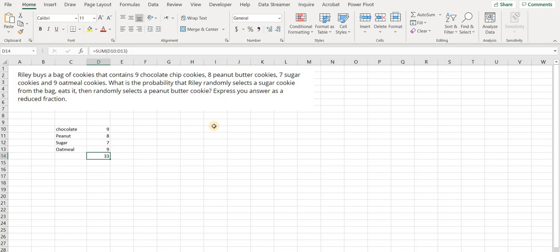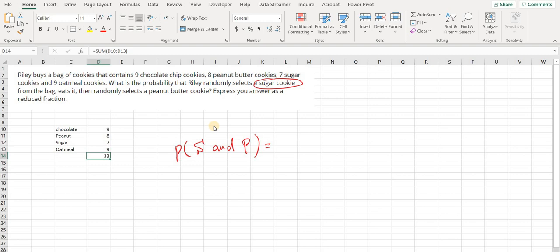So we want to find the probability that Riley selects a sugar cookie first, S for sugar cookie, from the bag, then eats it, and then randomly selects a peanut butter cookie. So that is the probability that I'm looking for.